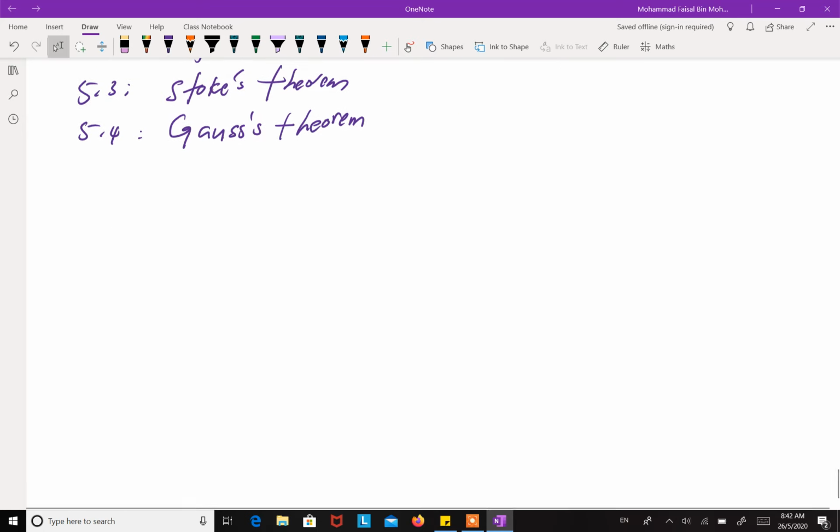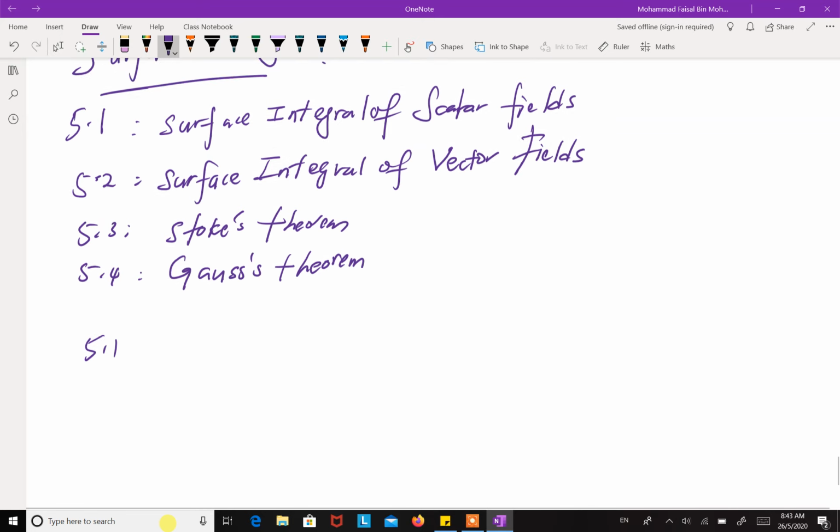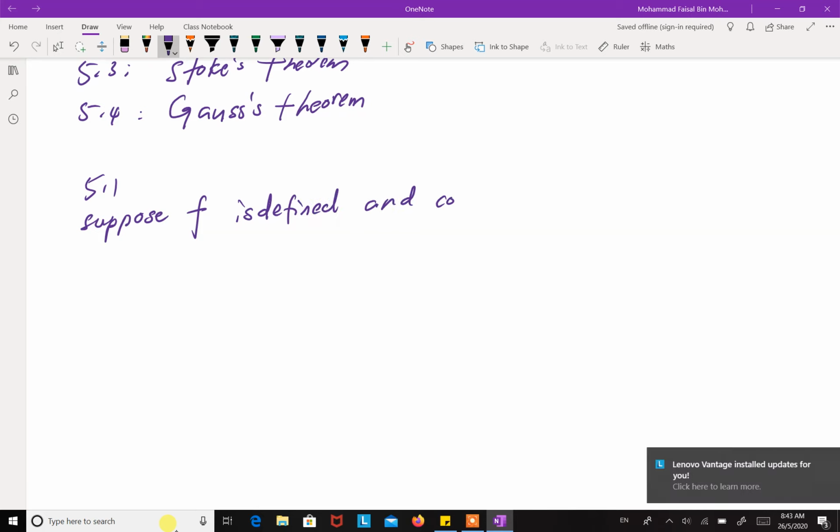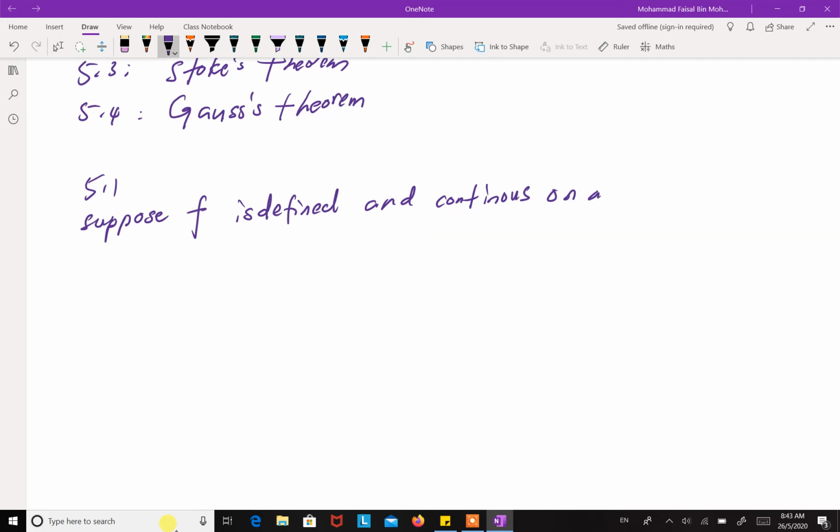So 5.1, surface integrals of scalar field. Definition: suppose f is defined and continuous on a surface, let's say sigma.